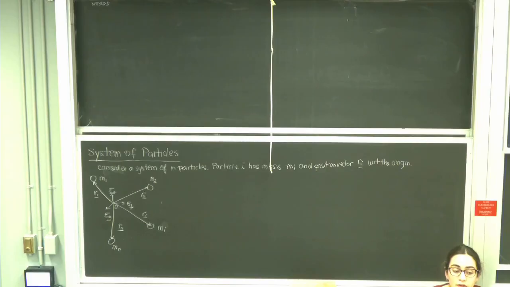Now what we want to do is, remember, for one particle we define its position vector, its velocity vector, its acceleration vector, its linear momentum, its angular momentum, and then the balance laws.